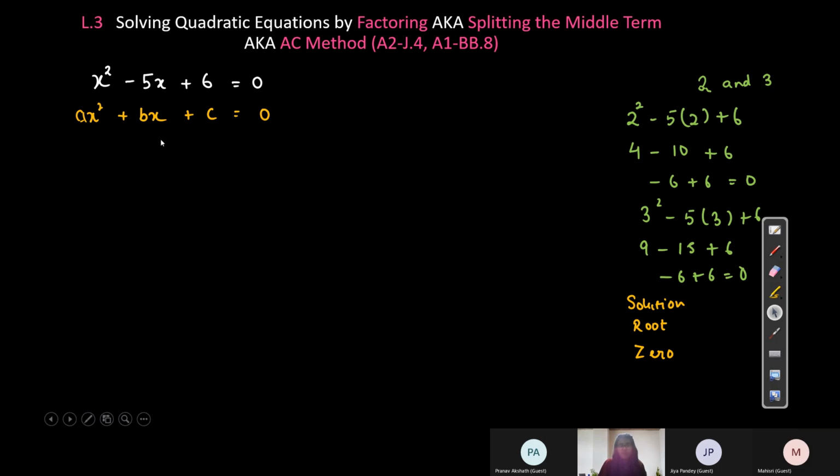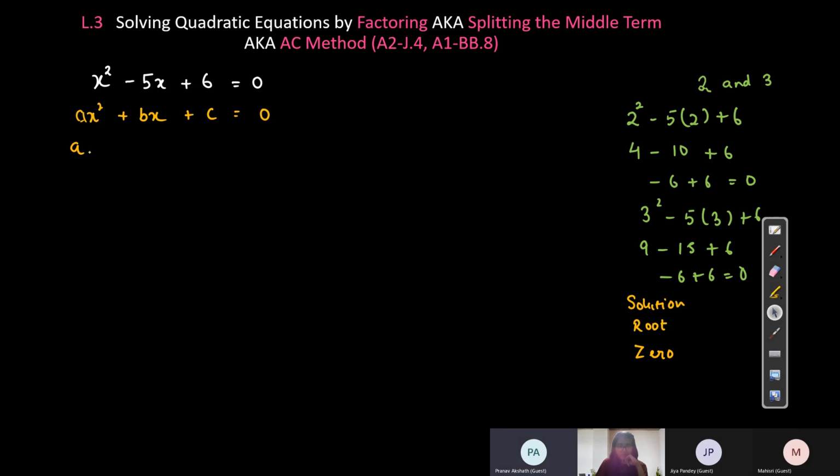First, you will compare it with this and find the values of a, b and c. So Pranav, can you tell me the value of a? Just compare it with this one. A is the coefficient of the x squared term.